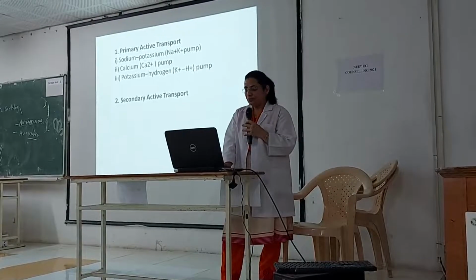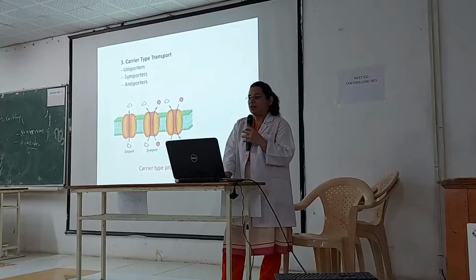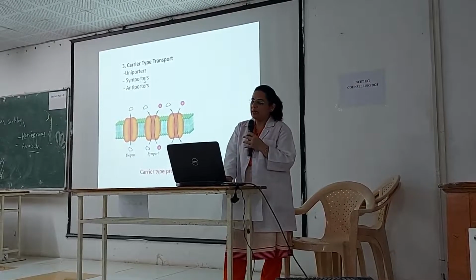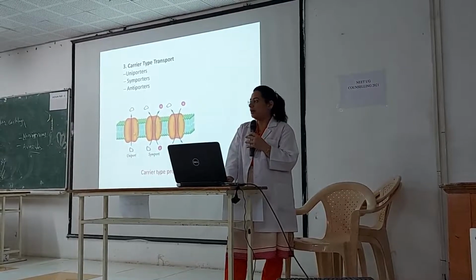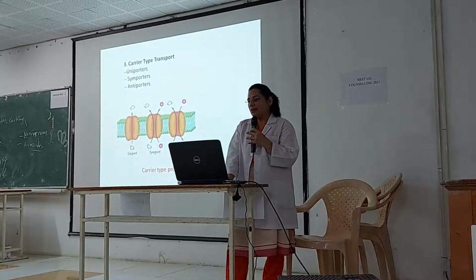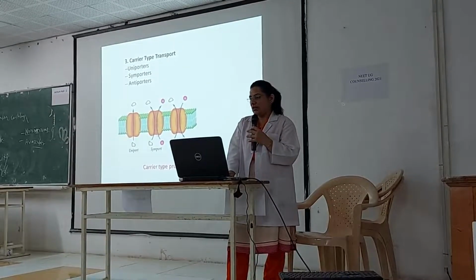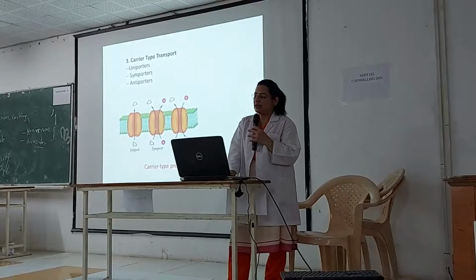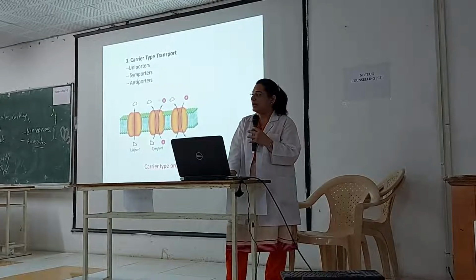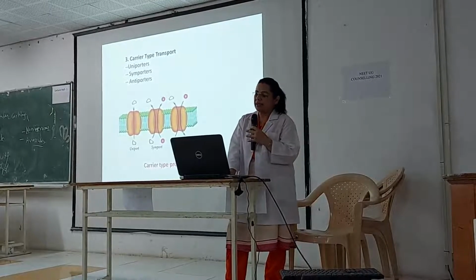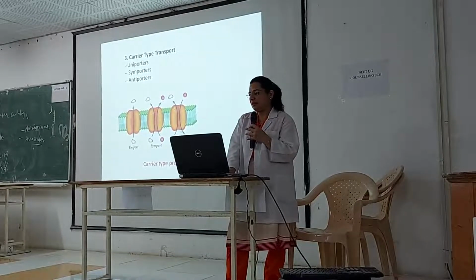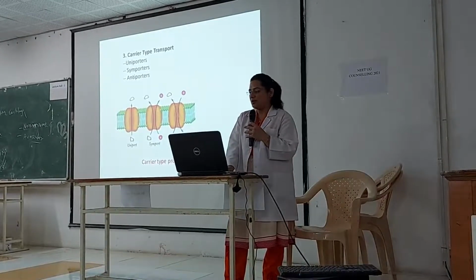Then carrier type of transport: uniport, symport and antiport. Uniport means one direction. Symport means two substances can be transported simultaneously in the same direction, and antiport means they move in opposite directions.